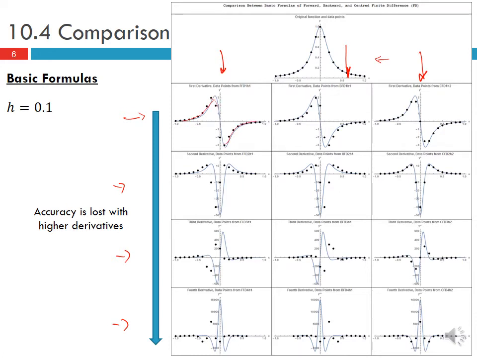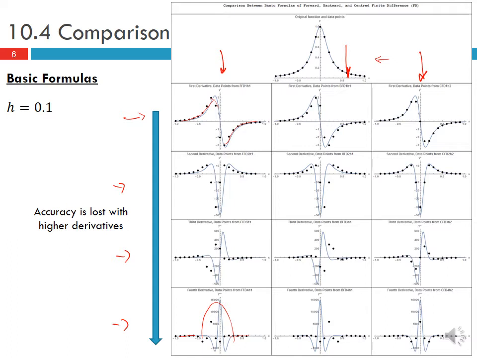The second derivative starts to provide less accurate results, and the accuracy continues to worsen as we move higher up. When you get to the fourth derivative here, you can see that outside of these quite flat regions, the accuracy of the derivatives becomes quite poor.